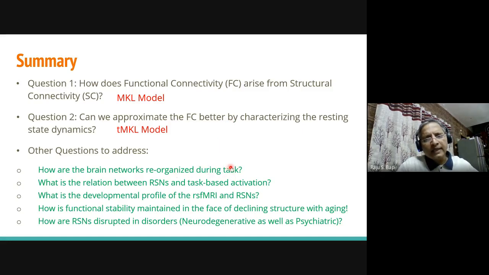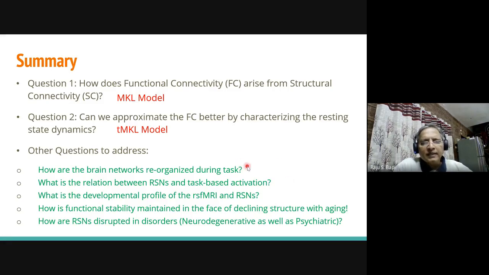And task-based networks dominate, and the default mode is inhibited. All this process needs to be characterized. And of course, the relation between resting state and task-based activations, and both developmental and aging profiles of these RSNs, and then how it gets disrupted in neurodegenerative or other kinds of diseases.